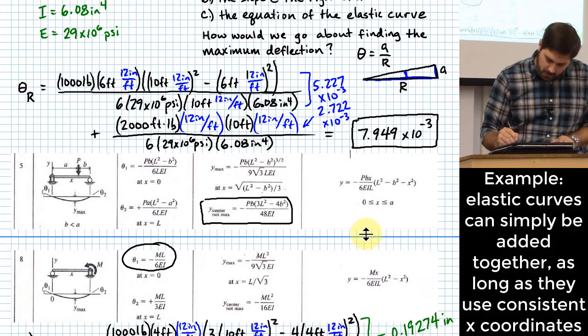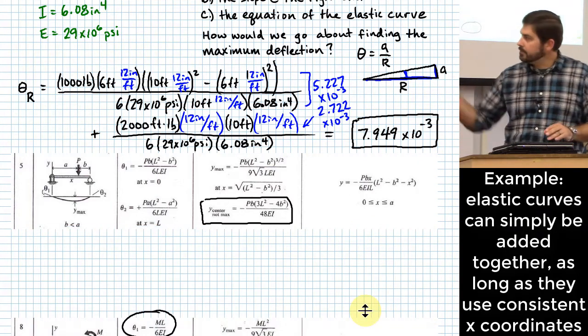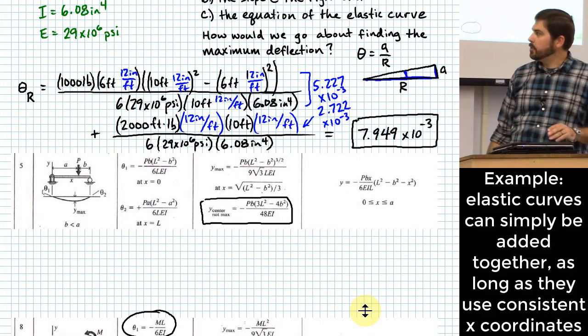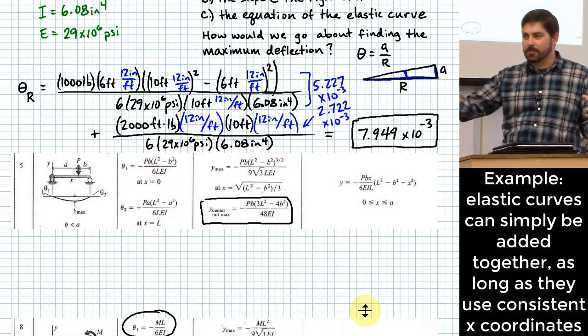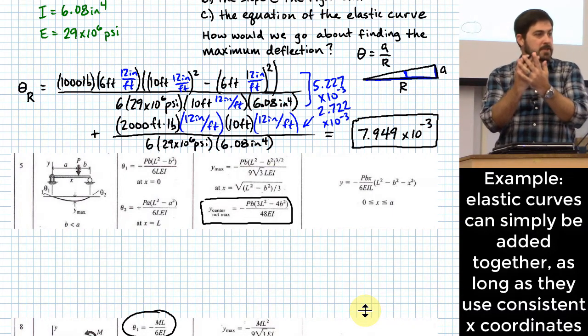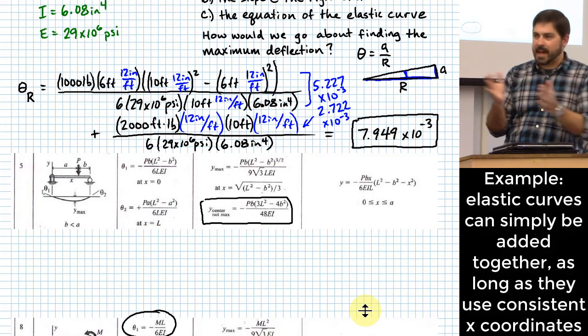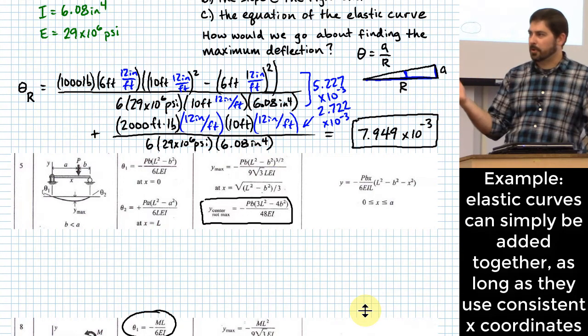All we do when we find equations of elastic curves out of these tables, we just add them together. We add one function to the other function, and you have the equation of the elastic curve, because they're both with respect to x. And if they're with respect to the same x, you can just add the two together, and it gives you your total equation of your elastic curve.